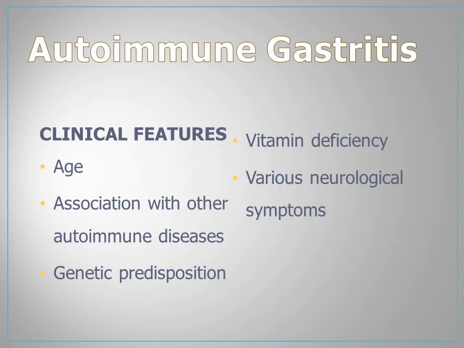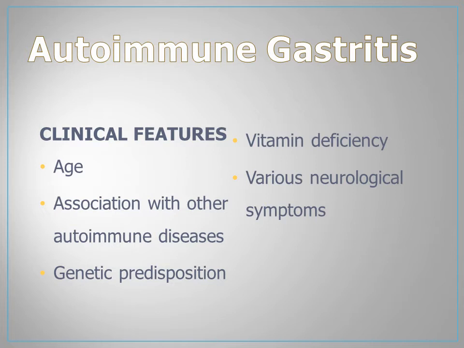So it has very strong association with various other autoimmune diseases. The next point is about its genetic predisposition. If we talk about monozygotic twins, then it is more common. If one is affected by autoimmune gastritis, then there are high chances that the second twin may also become affected.